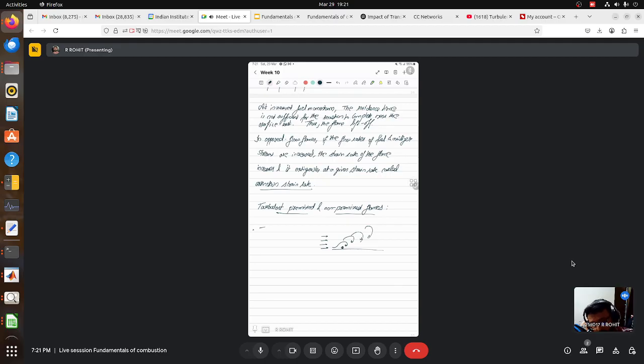So the flow exhibits fluctuations which are random in nature.